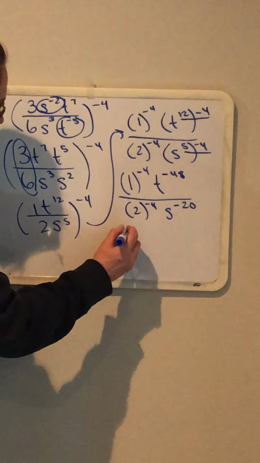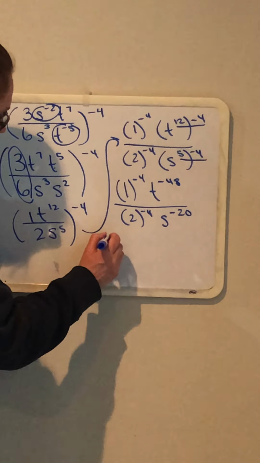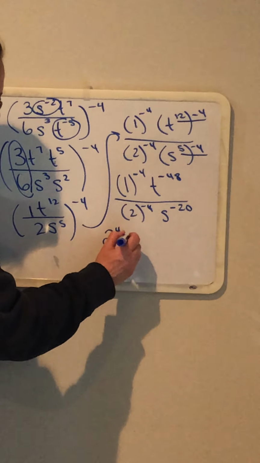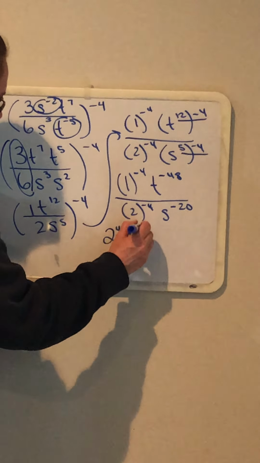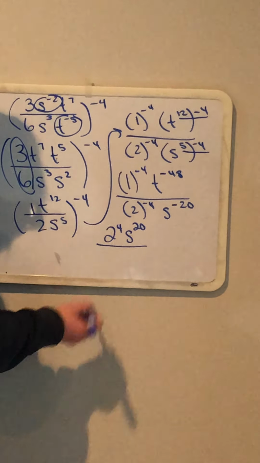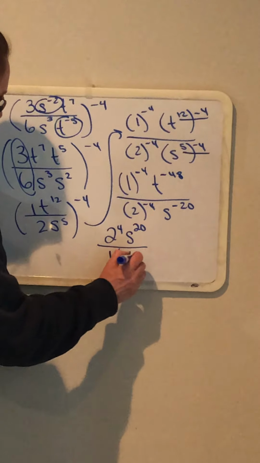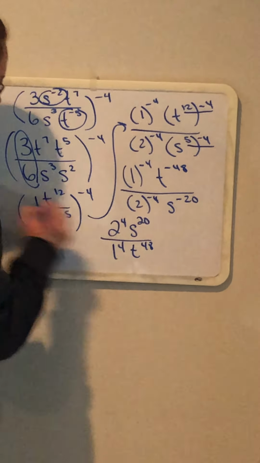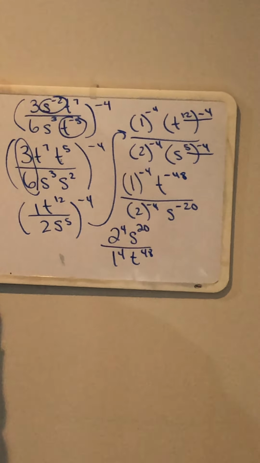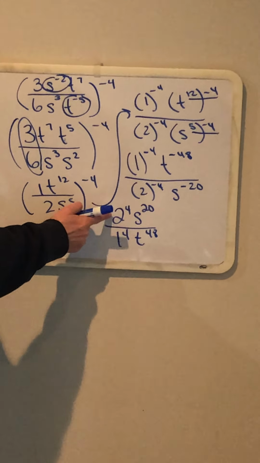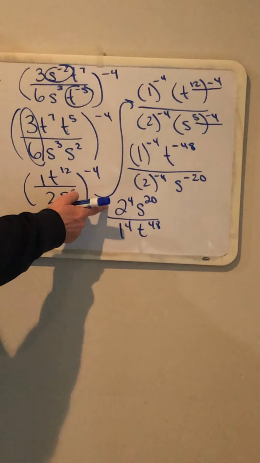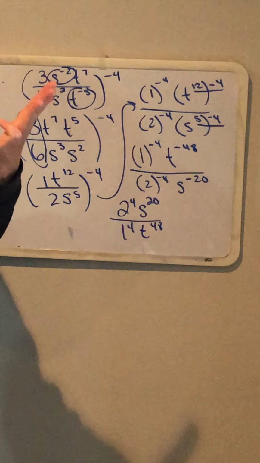So what you end up with now is 2 to the 4th, s to the 20th, over 1 to the 4th, t to the 48th. And then if I do 2 to the 4th, I get 16, because that's 2 times 2 times 2 times 2.